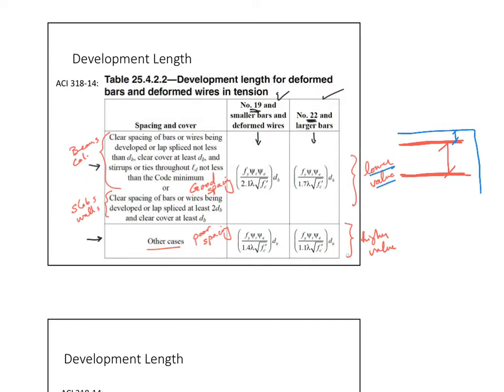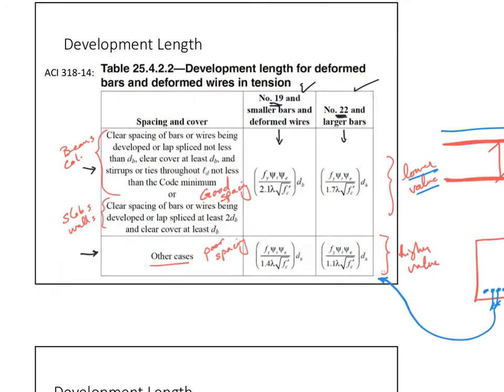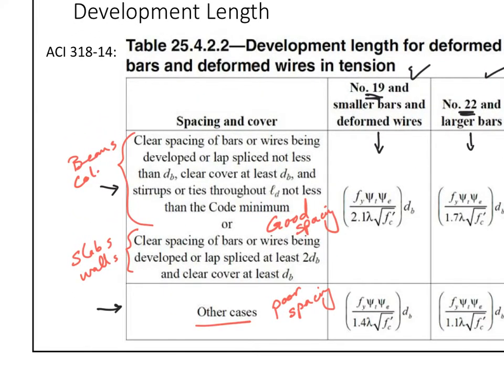If I have my bars really close to each other, if my bars in the beams, for example, are really close, then in this case I go with the second part. Okay? How do I check this? I have to check those 3 values. For the beams, I have to check that the distance between the bars is bigger than dB.